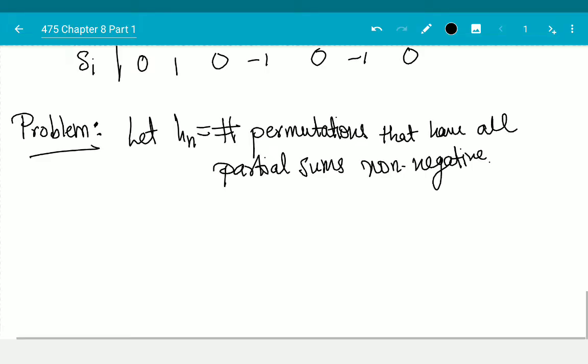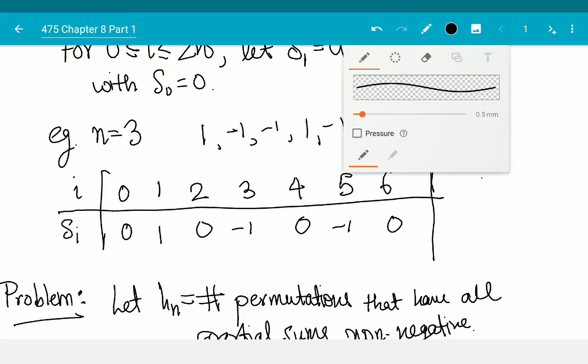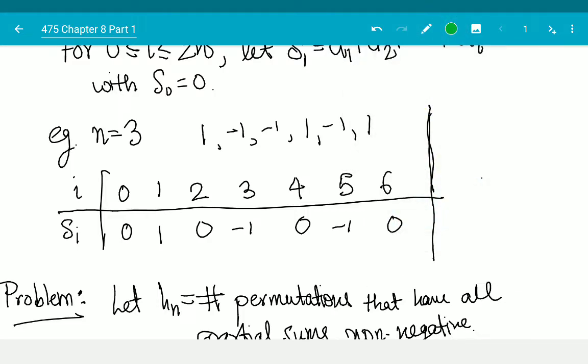Let me draw an image of this so that it will be slightly helpful for you to visualize it. In terms of an image, this sequence looks like this: it starts at 0, goes to 1, then goes to 0, goes to -1, goes to 0, goes to -1, and then goes to 0 again.